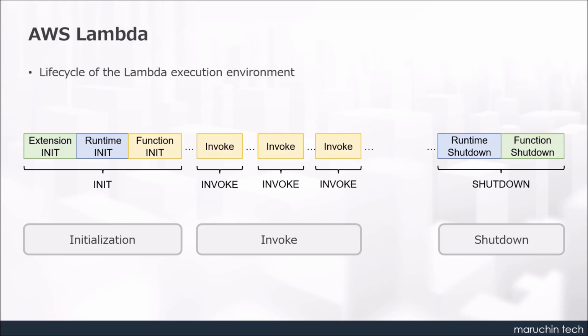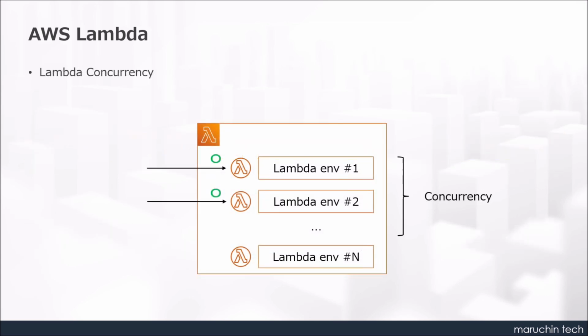By default, the init phase is limited to complete within 10 seconds. If it exceeds 10 seconds, it will be retried. The timeout is a maximum of 15 minutes. When many requests are sent simultaneously, Lambda launches execution environments to perform parallel processing. The number of concurrent executions per region is limited to 1000 by default.